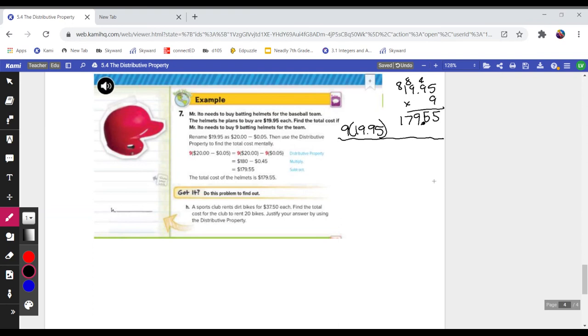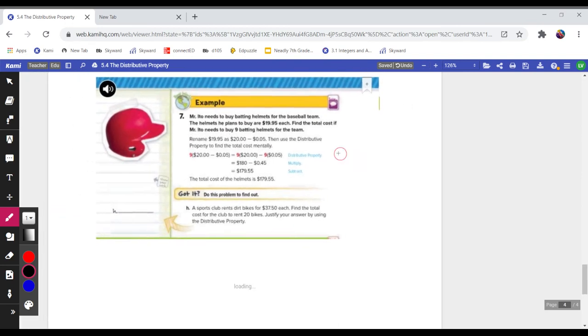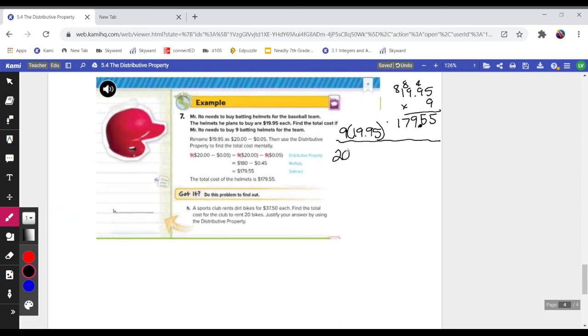Okay, another way that the book has shown this is estimating. 19.95 is very close to 20. So we'll say that it is $20. And then if we take away 5 cents, that gives us the 19.95. So we're going to do 9 times 20 minus 9 times 5 cents. 9 times 20 is 180. 9 times 5 cents, well, that's going to be 45 hundredths.